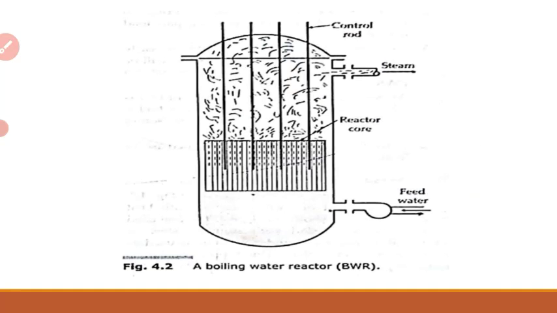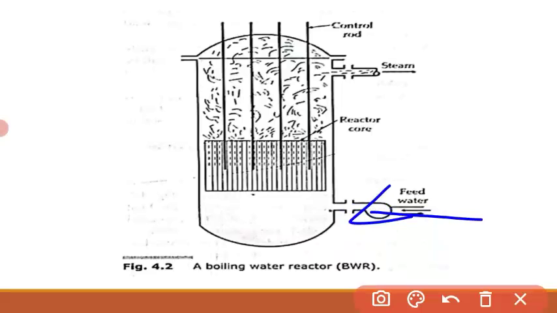Feed water enters the reactor tank at the bottom, takes up the heat generated due to the fission of fuel, and gets converted into steam. Steam leaves the reactor at the top and flows into the turbines.